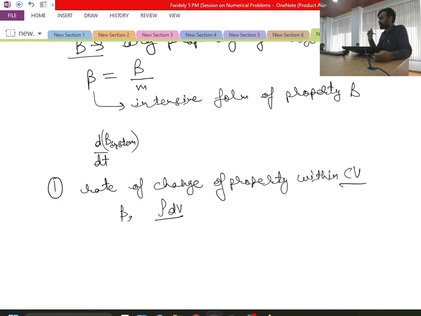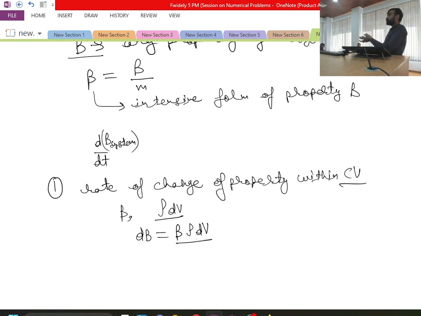And for this element, the property will be beta times mass, that is, beta times rho dV. Is this point clear? Does anyone have any doubt? So what I have done is this because I have a finite sized control volume.